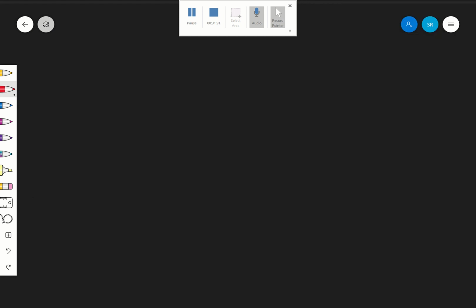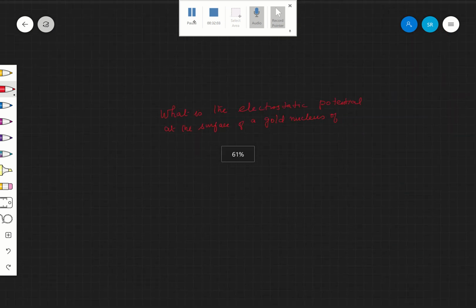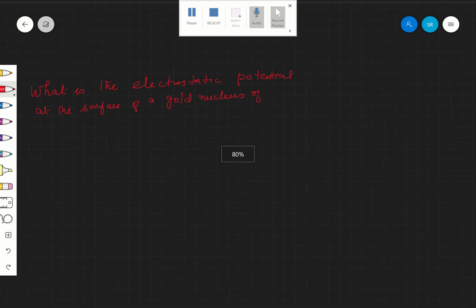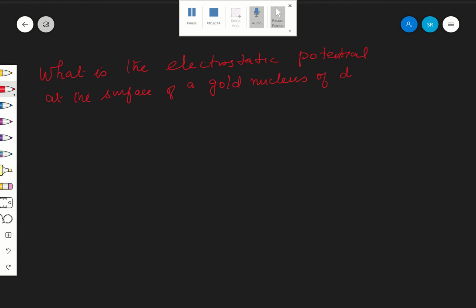See, what is the electrostatic potential at the surface of a gold nucleus of diameter 13.2 Fermi?